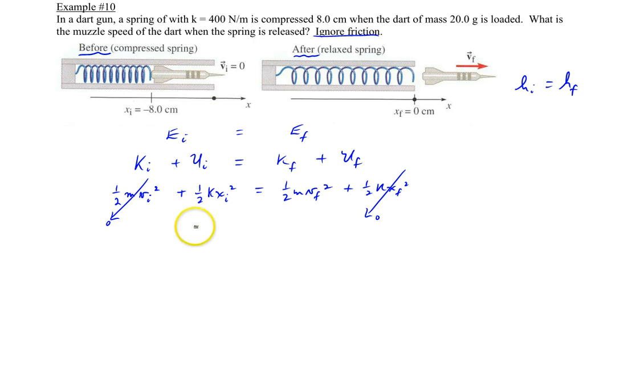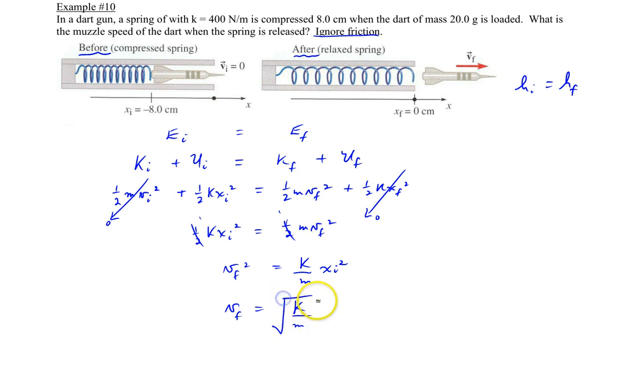And so what you really have is the initial spring potential energy is all completely converted into the final kinetic energy. And so you can cancel some things off. You can see there was a half on both sides, so I'll get rid of that.